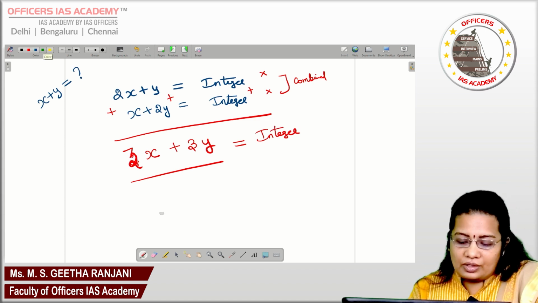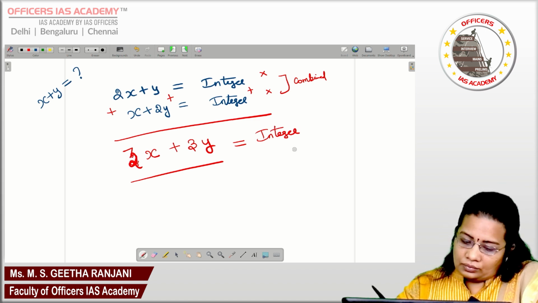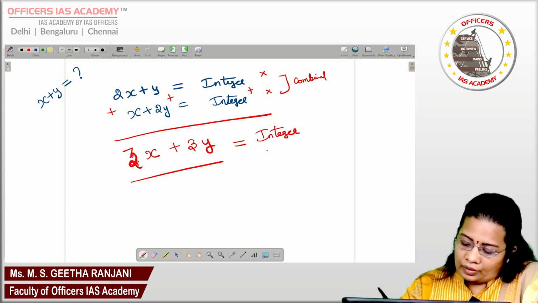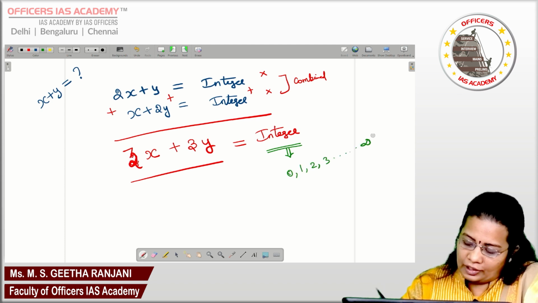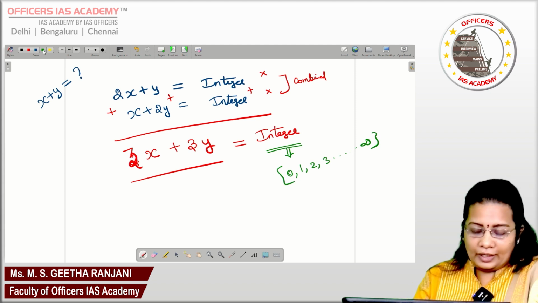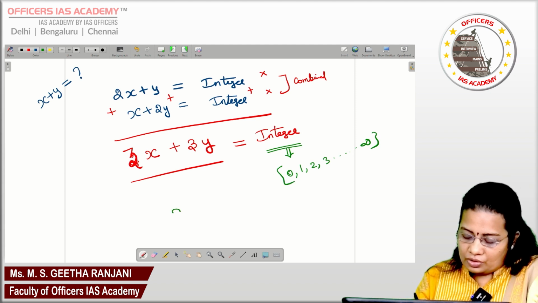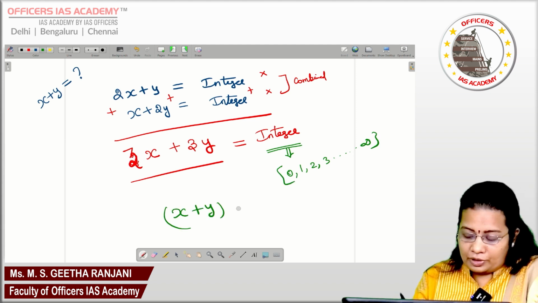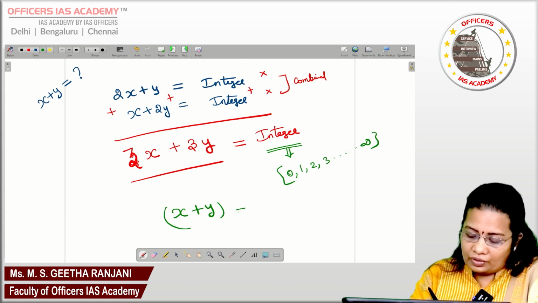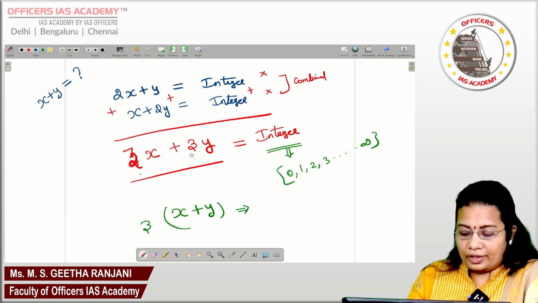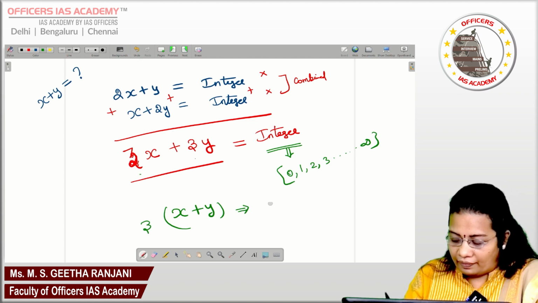The integer value will be in the range 0, 1, 2, 3 up to infinity. Taking the common 3 outside, 3 into x plus y is an integer value.